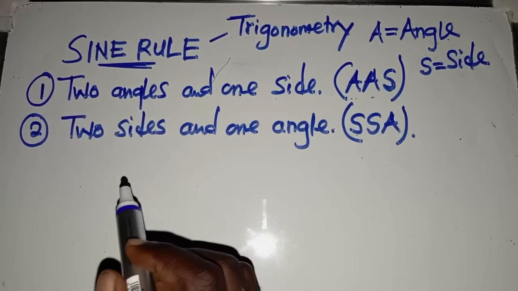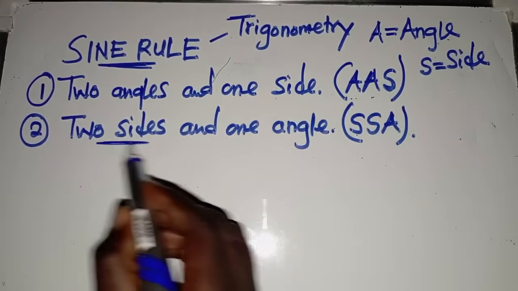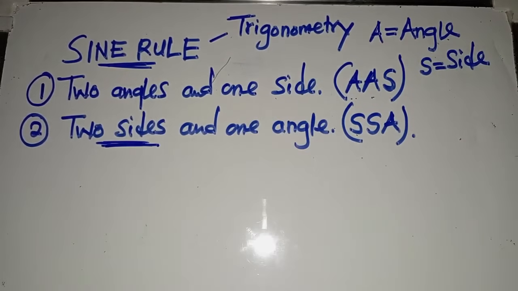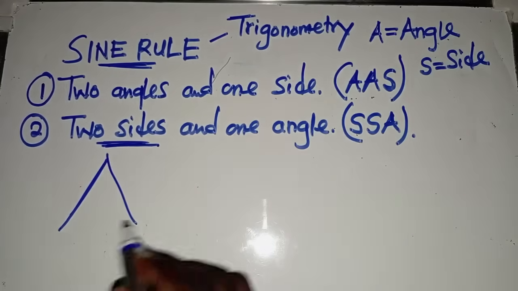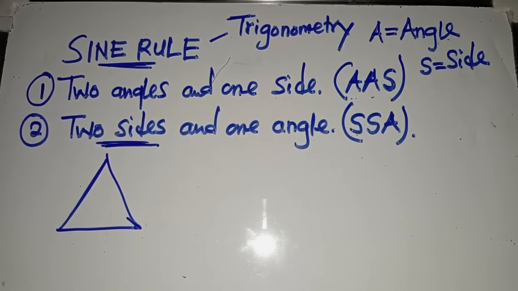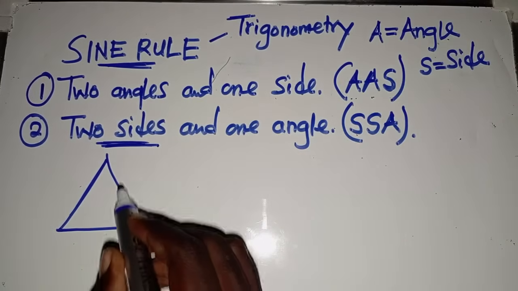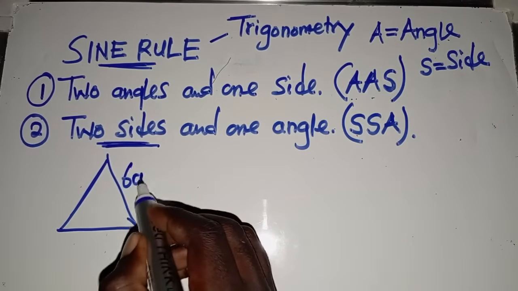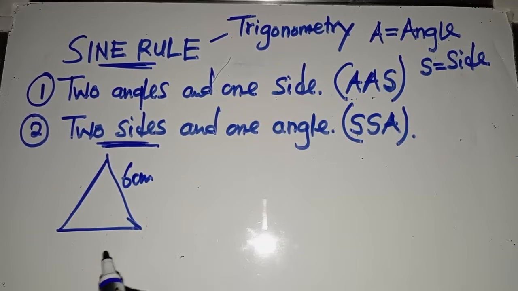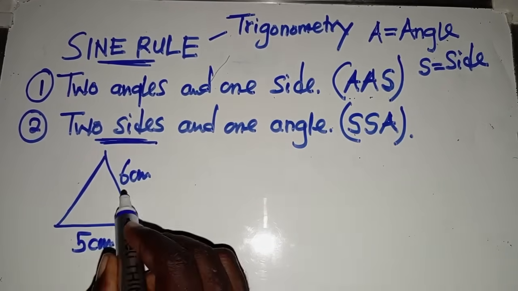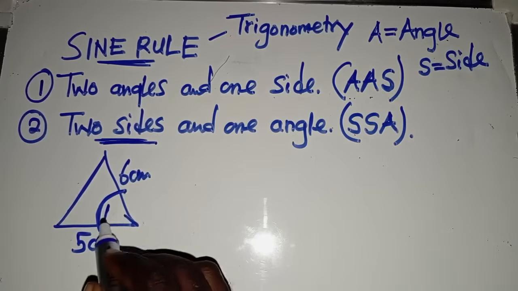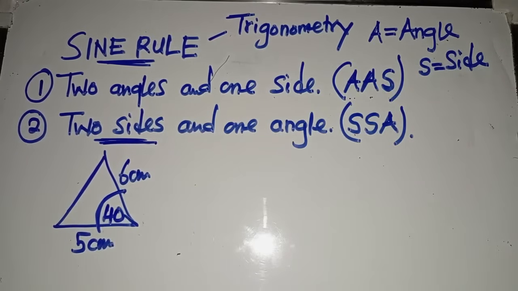How can you know that it is falling under the sine rule? When the two sides are not putting the angle in the middle. For example, if you've got a triangle like this, with 6 centimeters this side and 5 centimeters this side, then the angle here is 40 degrees.